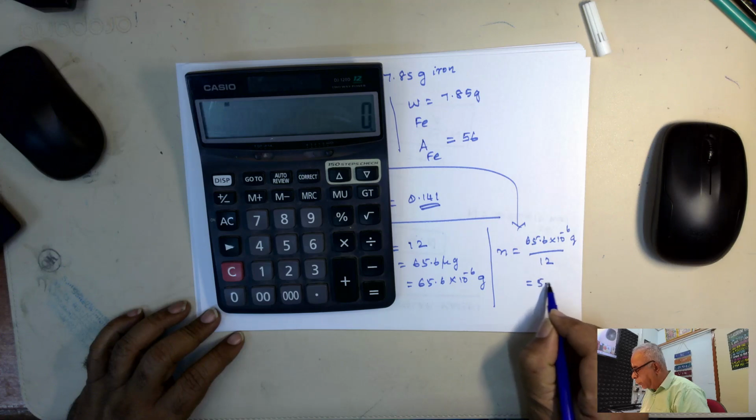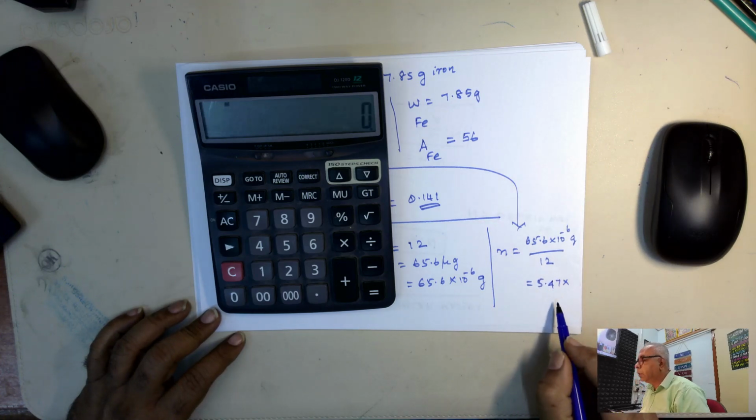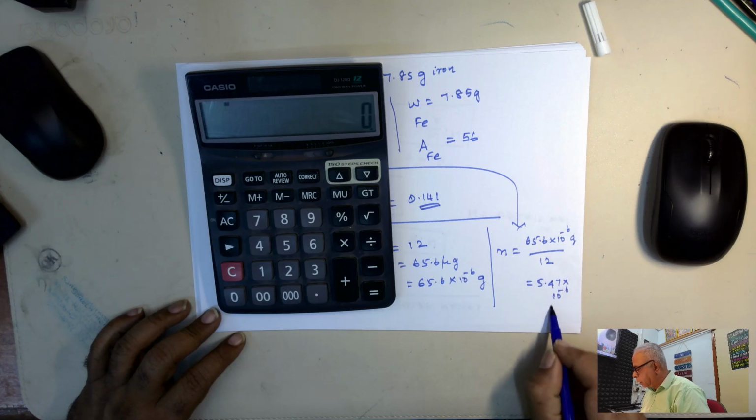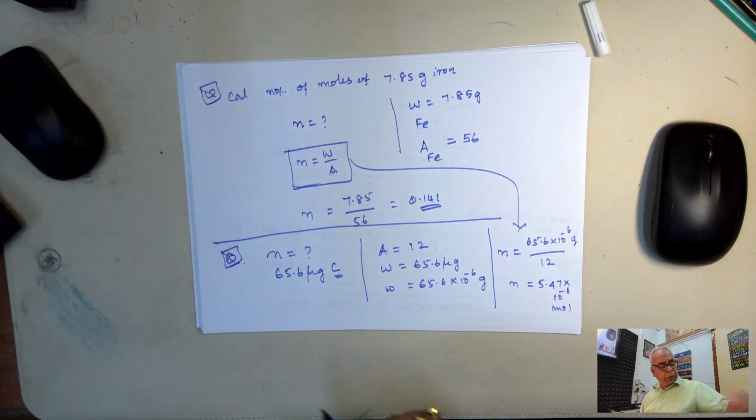Yes, very good. So 5.47 into 10 power minus 6 mole, right? Okay, good.